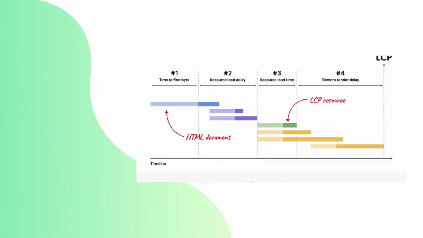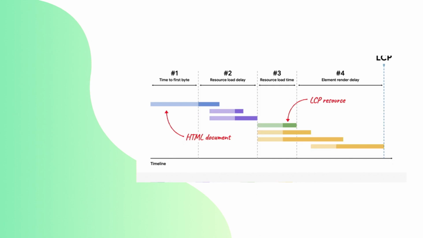So if we take our previous schema and split it into little problems, first you will have time to first byte. So time to first byte is, as I said, the time it takes the browser to get the first byte of your document. When it has that, resource load delay is the time it takes the browser to load your index HTML document file and all the style sheets.